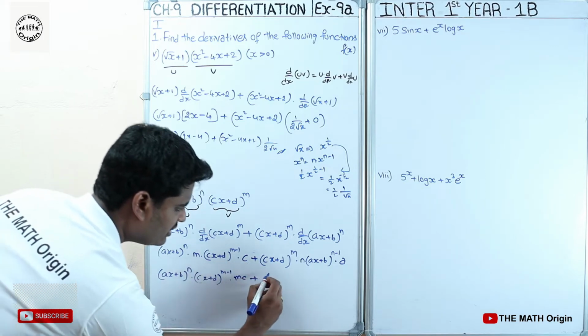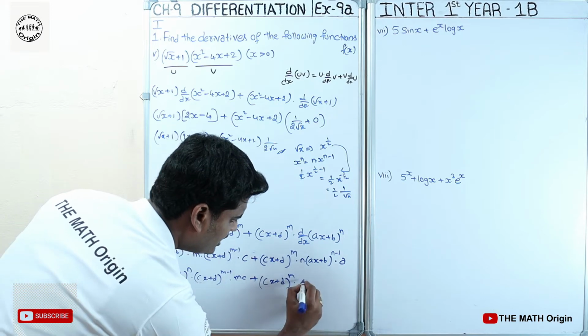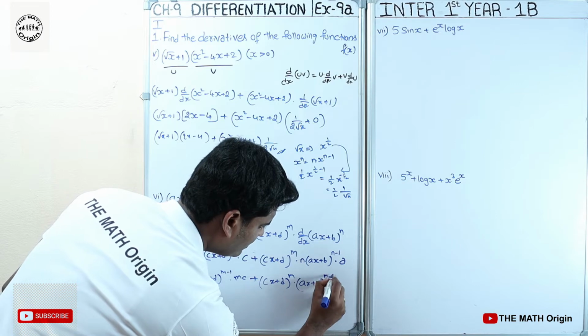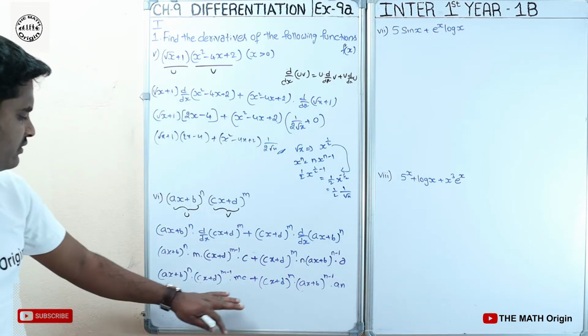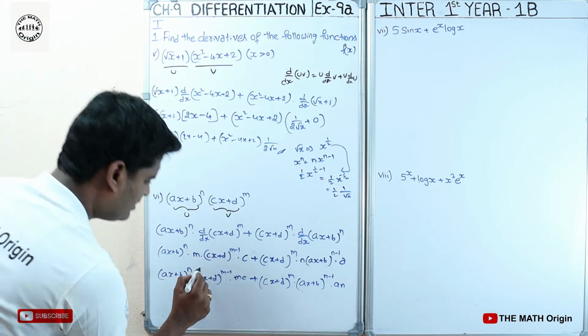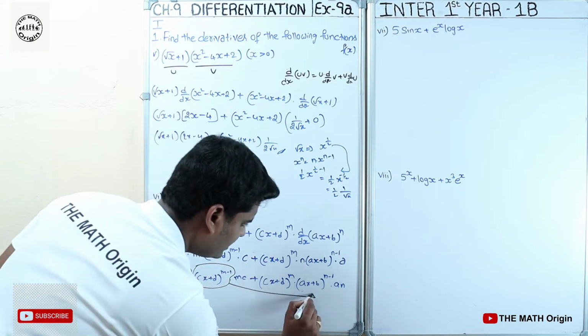Here also, cx plus d whole power m into ax plus b whole power n minus 1 into an. From these two equations, I will write this value here.